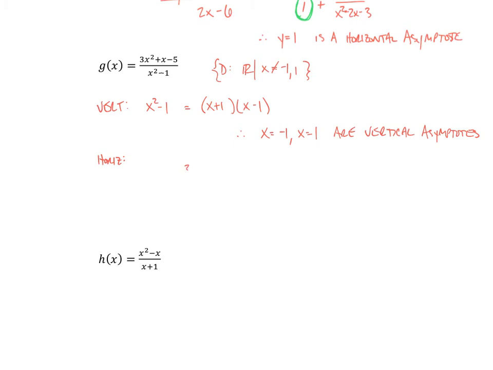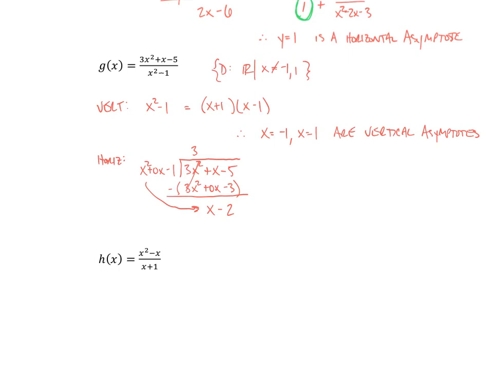So I'm going to do 3x squared plus x minus 5, and I'm going to divide that by x squared plus 0x minus 1. X squared goes into 3x squared 3 times. I end up with 3x squared plus 0x minus 3. Those cancel. I get x minus 2, and x squared does not go into x, so we're done.